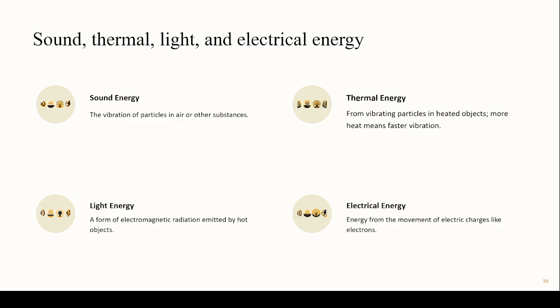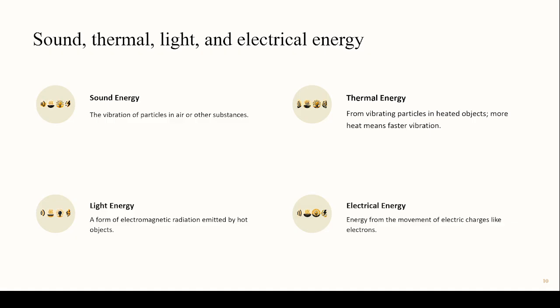The third form is light energy. Light is a form of electromagnetic radiation. We will learn about what radiation is and what electromagnetic means, but you can think of light traveling from the bulb to you; it doesn't need any particles in between.